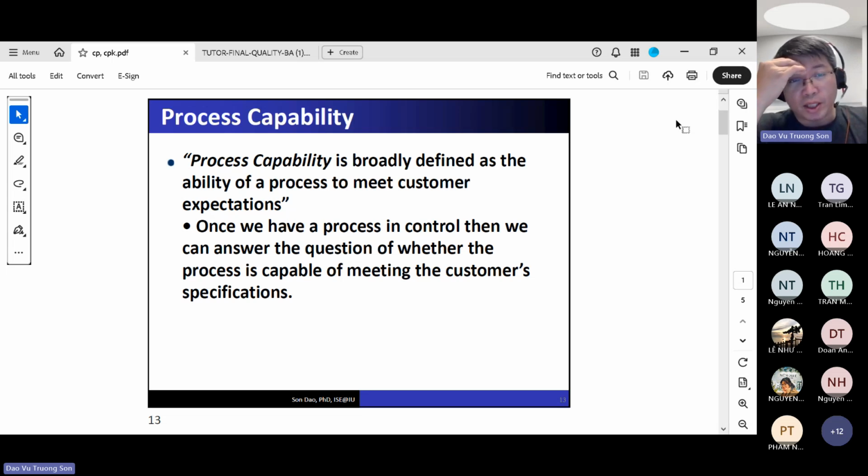So what does process capability mean? It is one of the most important parameters because it is broadly defined as the ability of a process to meet customer expectations. What does it mean? Even when the process is in control, the question is whether the process is capable of meeting customer specifications. That is another story.